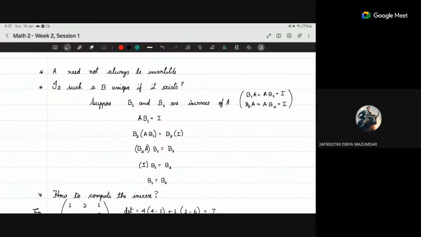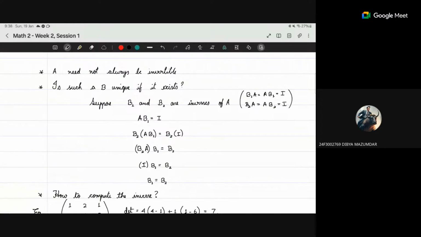So typically to show that something is unique, what do you do? You say, suppose it is not. Suppose there are two things which satisfy this condition. Then you have to conclude that they are the same. Is that fine? So this argument shows that inverse is unique. Are you convinced about the logical flow of that argument?